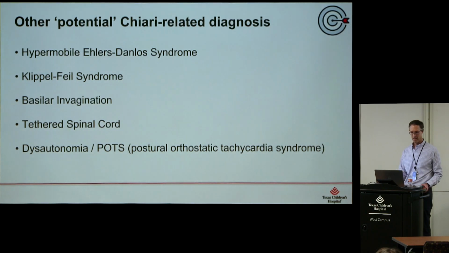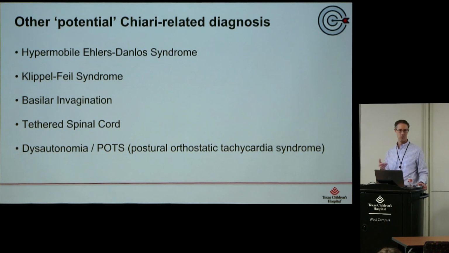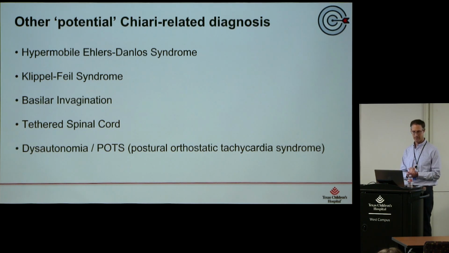And so there are other diagnoses that may go along with Chiari. I don't have enough time today to go into great detail, but there's hypermobile Ehlers-Danlos syndrome, where you can have loose connections between joints and have symptoms from that. Klippel-Feil syndrome, where you can have fusion of some of the vertebrae. Basilar invagination, where the skull sinks down into the spine.